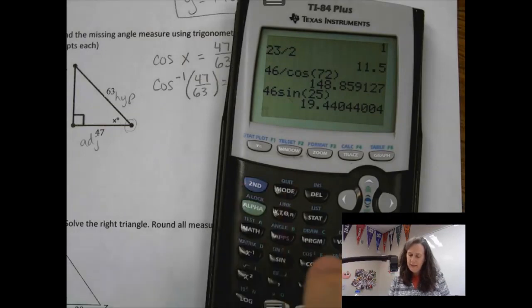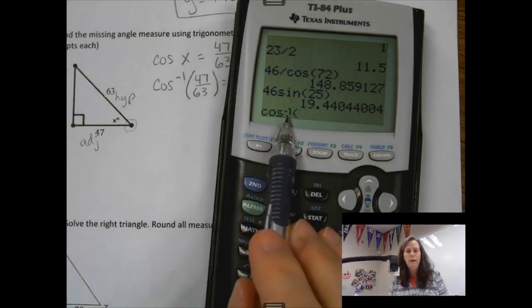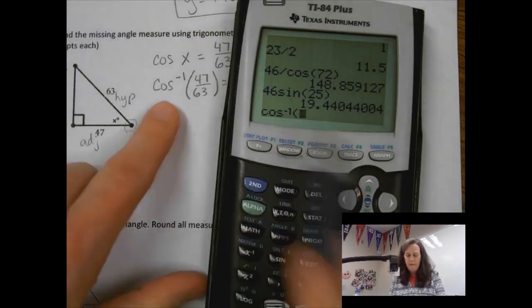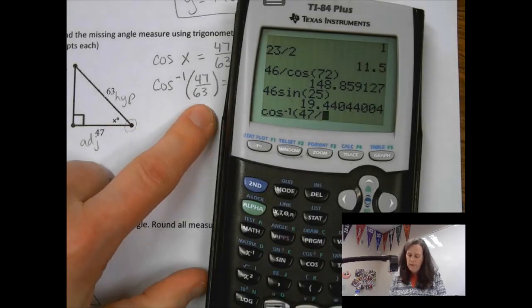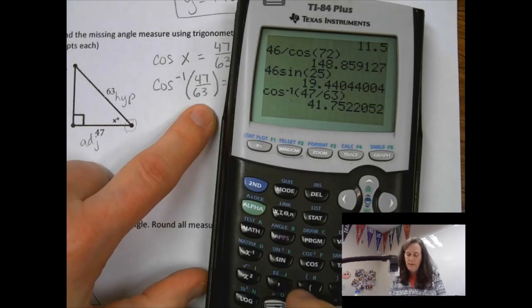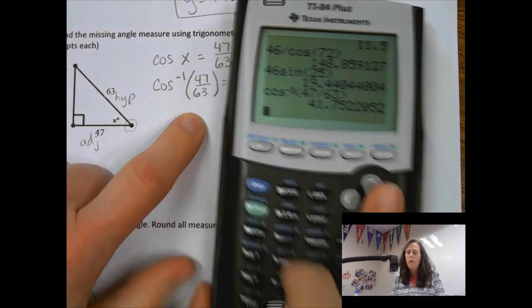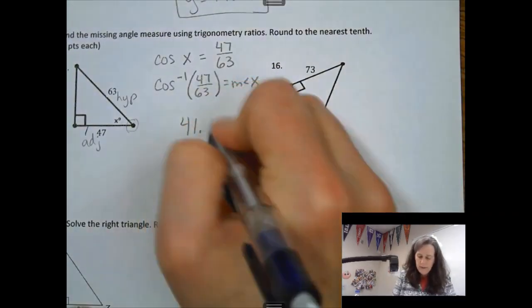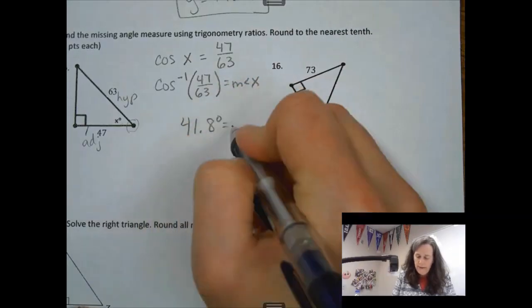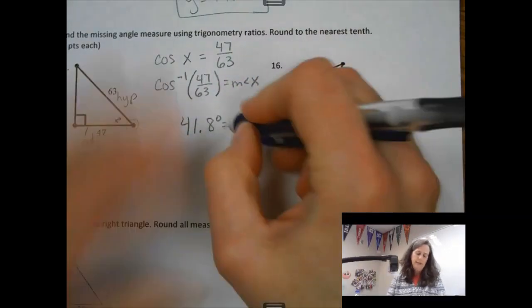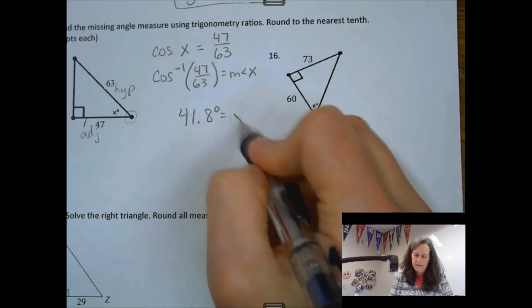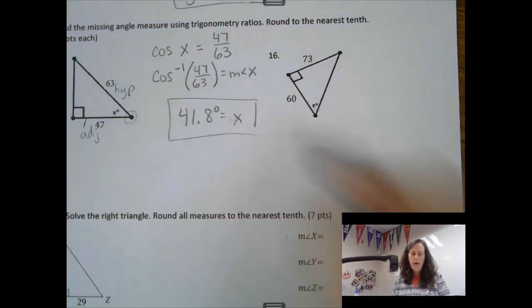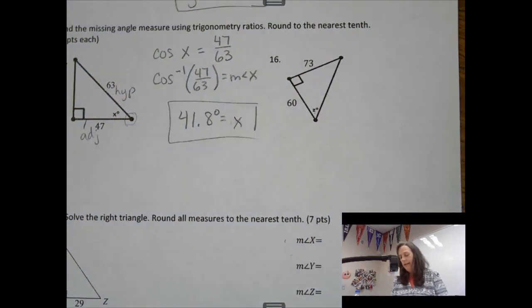So second cosine, make sure that negative 1 pops up. We're doing inverse, 47 divided by 63. Did you get 41.8 degrees for that angle? It equals x. Done. Okay, let's do another one.